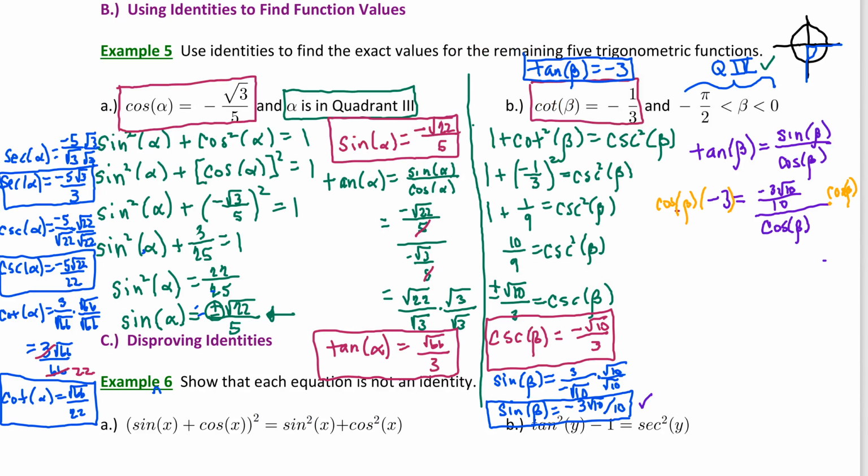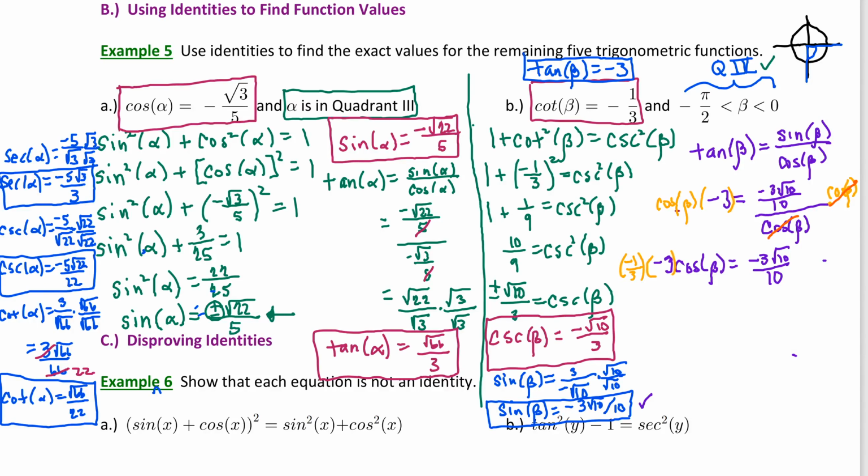When we simplify, the cosine cancels on the right, and we end up with negative 3 cosine of beta equals negative 3 square root of 10 over 10. To solve for cosine of beta, you can think about either multiplying both sides by negative 1/3 or dividing by 3.